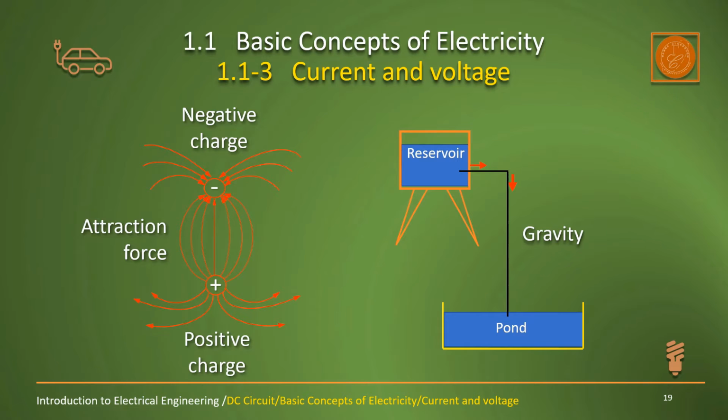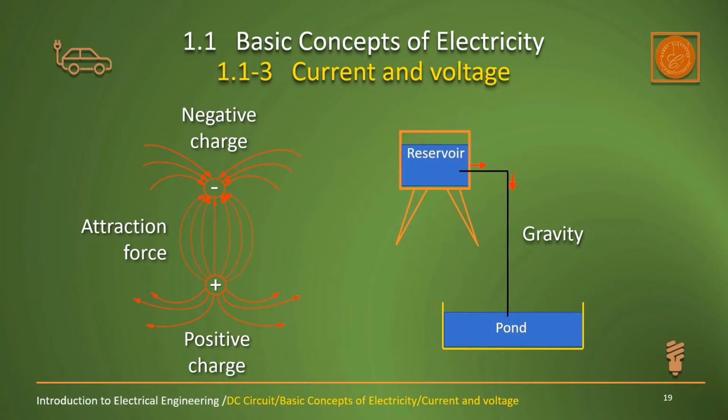Like this: the pump, the reservoir, and the gravity. The water flows through the pipe because of gravity, back to the pump. It's the same with electrical charge.